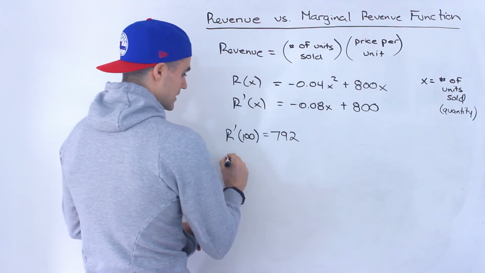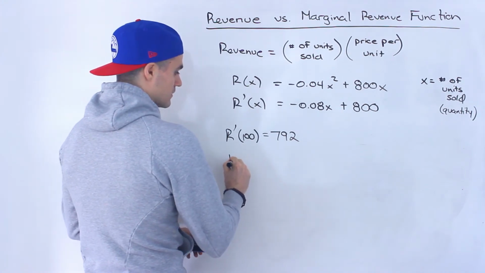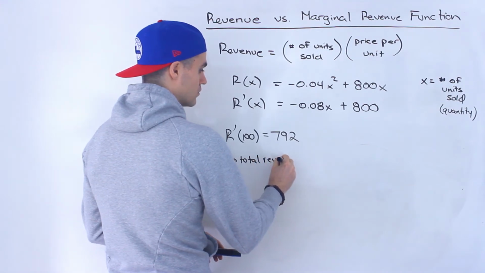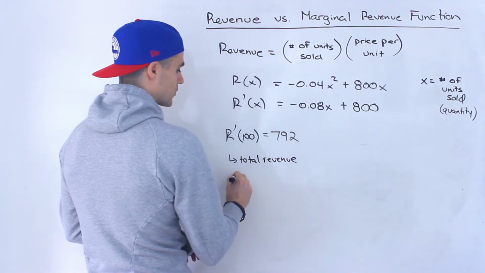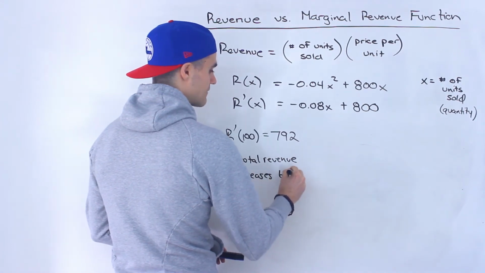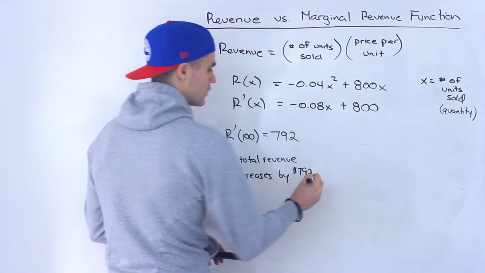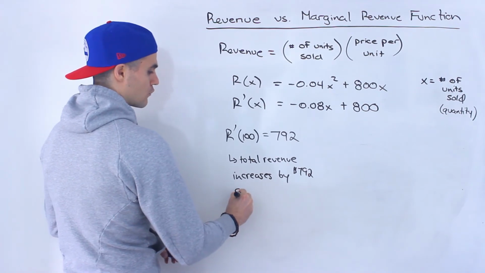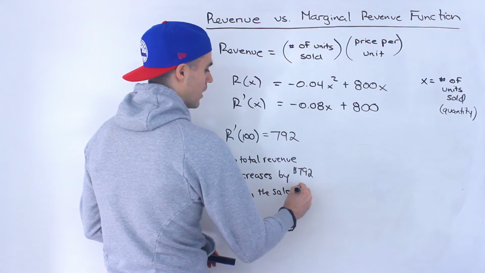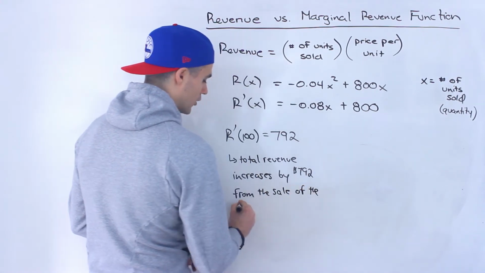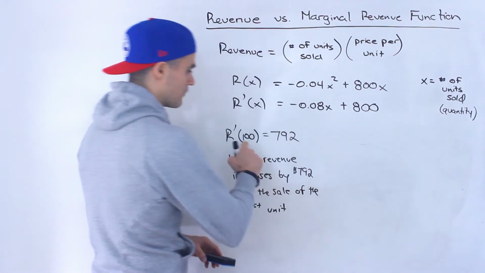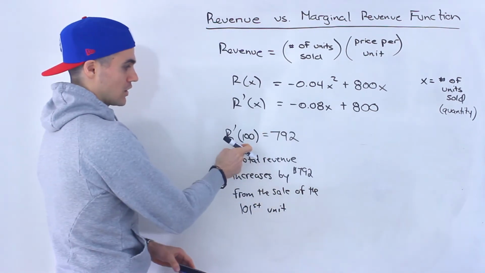So what this means is that total revenue increases by $792 from the sale of the 101st unit, from the next unit after 100.